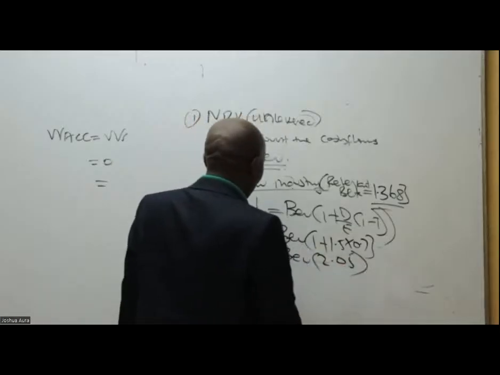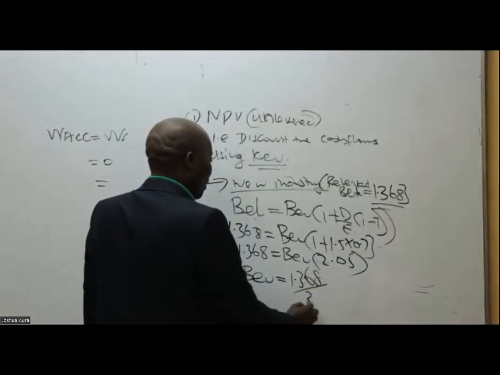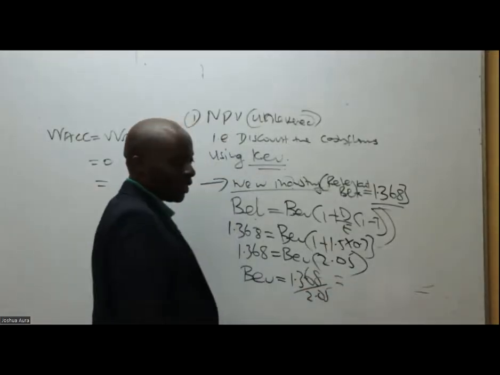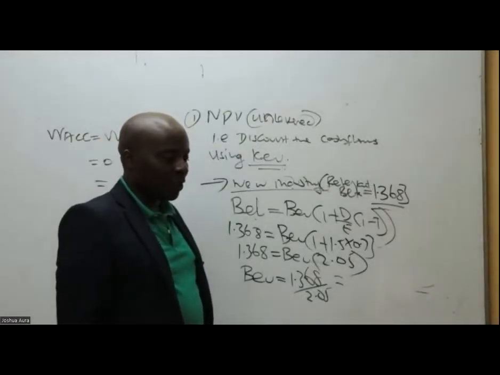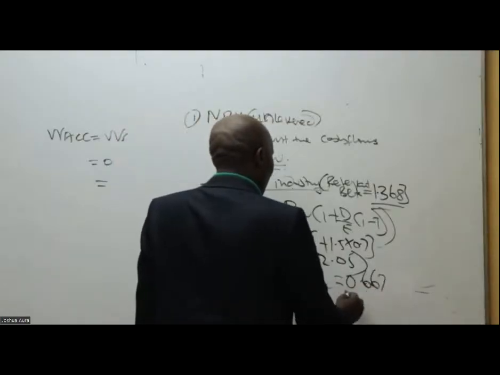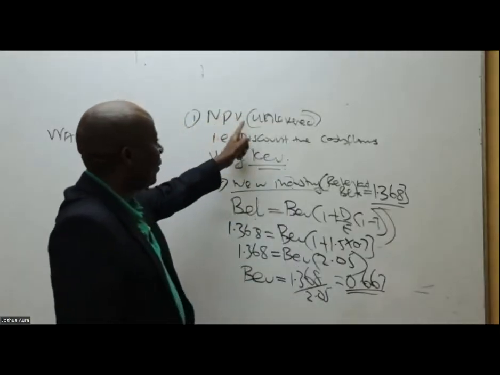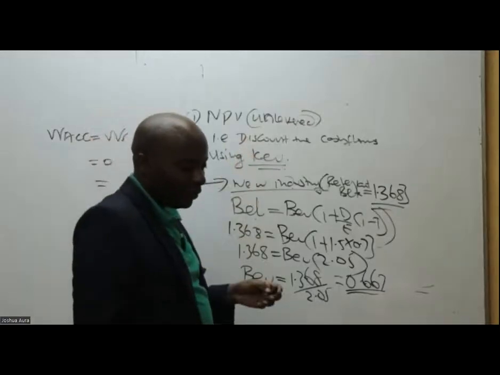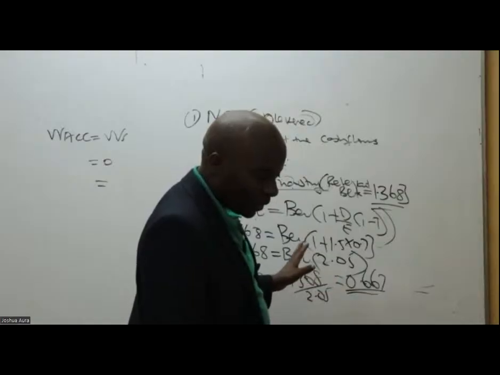2.05, and then I will be able to get the famous beta equity unlevered by taking 1.368 divided by 2.05, which will end up giving me what figure? Somebody here. 0.667.